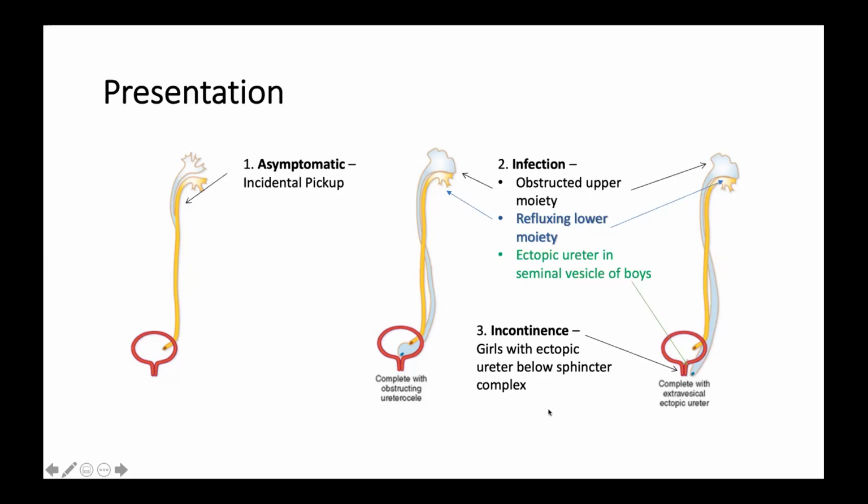And then, as we know, you can have upper moieties that are not obstructed and not dilated, but an ectopic ureter that implants below the sphincter complex and can present with incontinence later in life. These girls are often picked up quite late because it can be quite a difficult history to get.